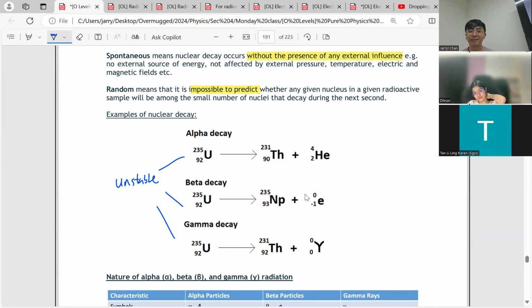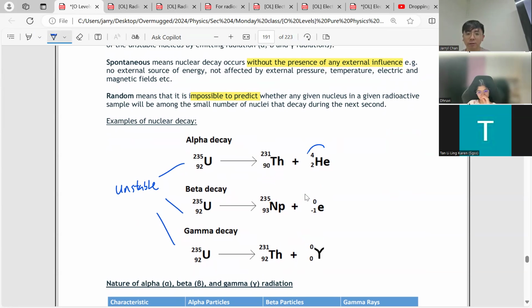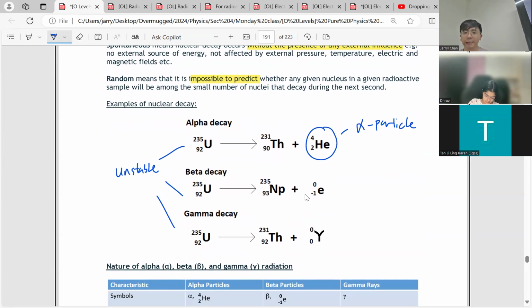Okay, take a look at the first one, the alpha decay. This helium over here is your alpha particle. You can write it like this, alpha particle. And it's super important to realize that this is not a helium atom. Alpha particle is not a helium atom because that's not our focus anymore. We shifted our focus to nuclide notation.